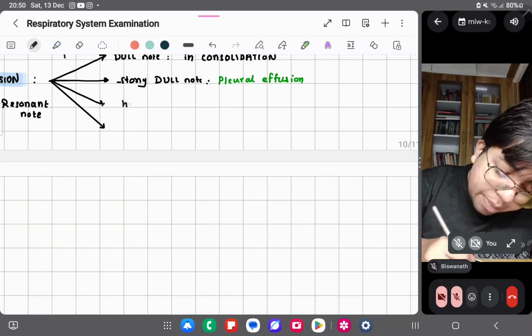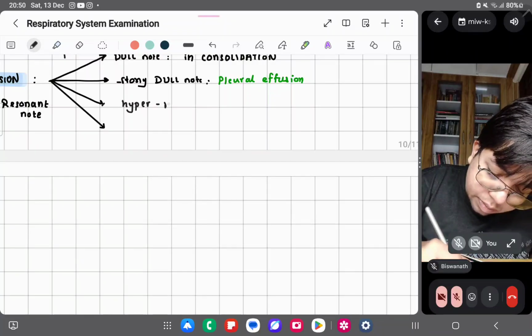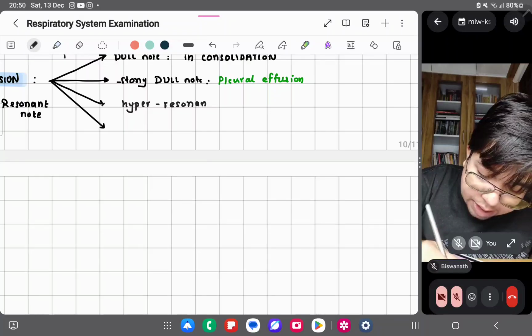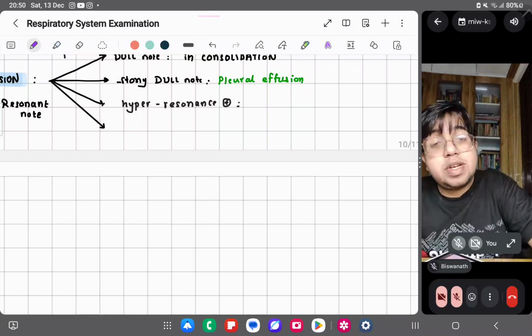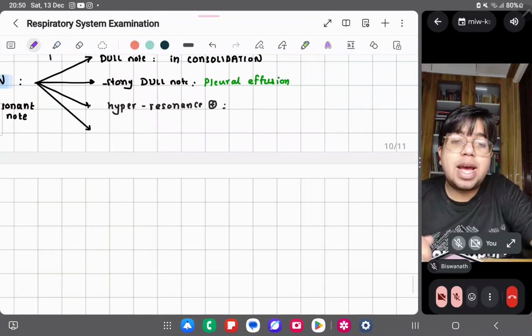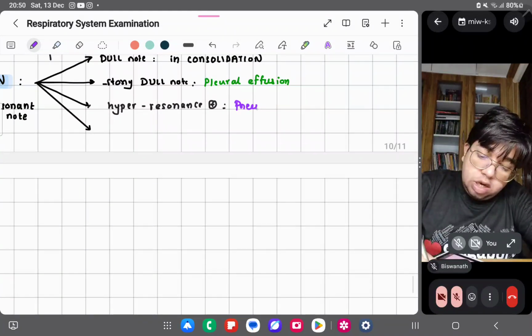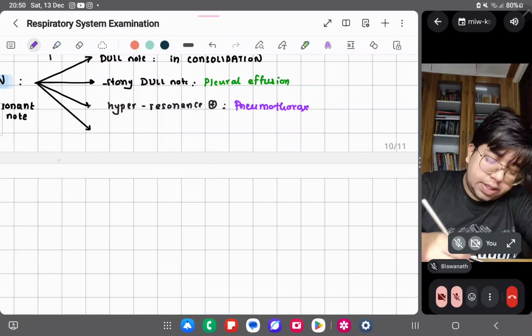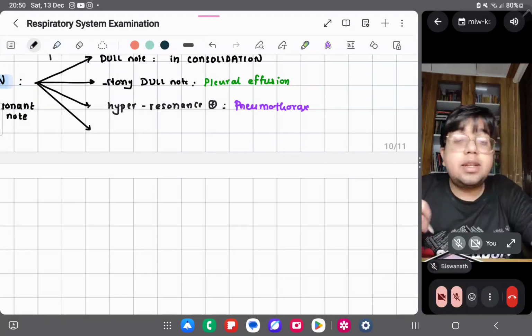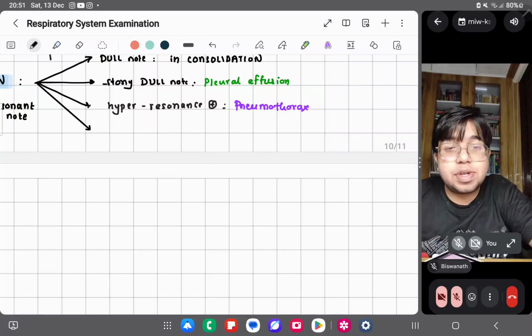If there is a hyper resonant note, the resonant note is normal. If there is hyper resonance present, hyper resonance will always indicate a pneumothorax. Pneumothorax. Okay. And the fourth thing is the impaired resonance.